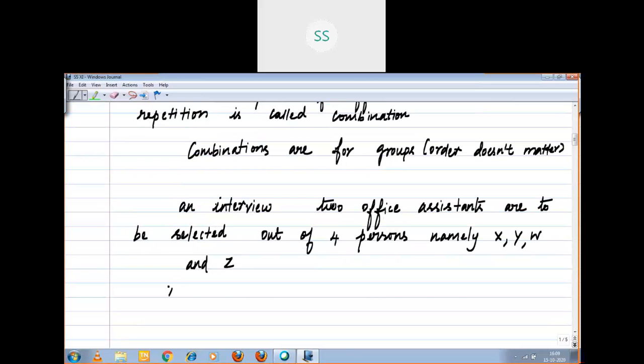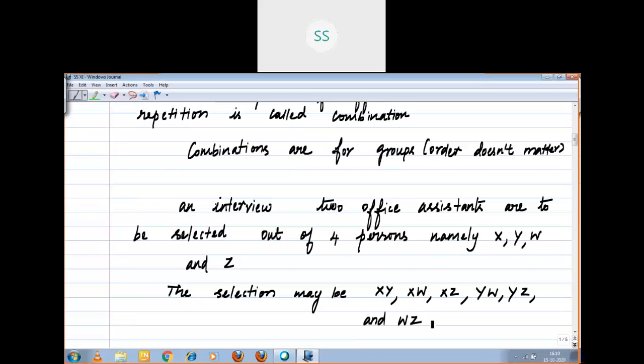The selection may be XY, XW, XZ, YW, YZ and WZ. Got it, children? This is the way.